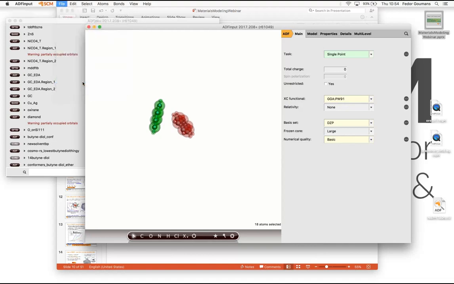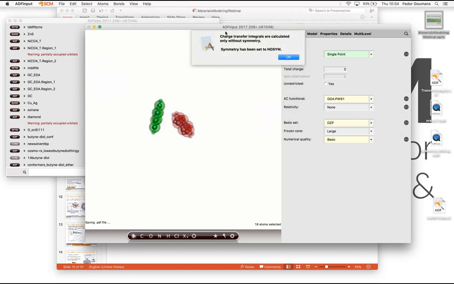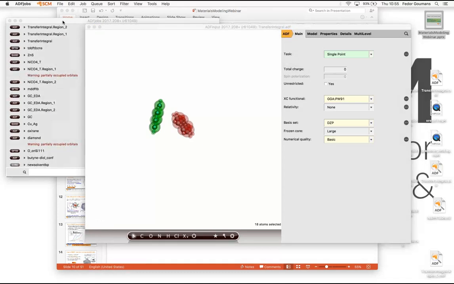Now we run this. So we call this transfer integral. And now you get a prompt that charge transfer integrals needs NoSym. So the graphical interface tells you that it has switched to NoSym. That's good, because otherwise the calculation won't run.